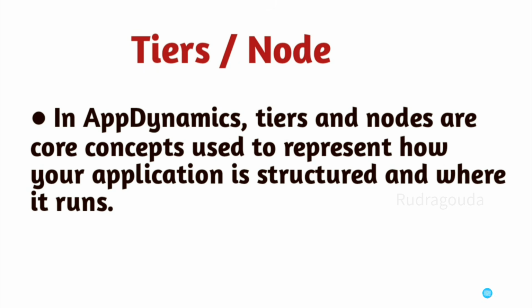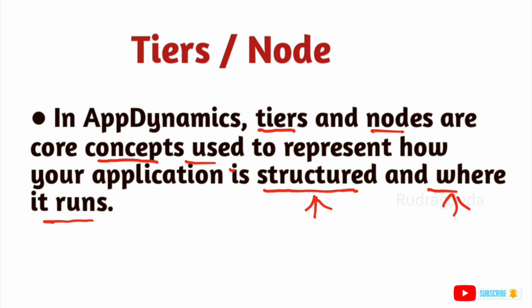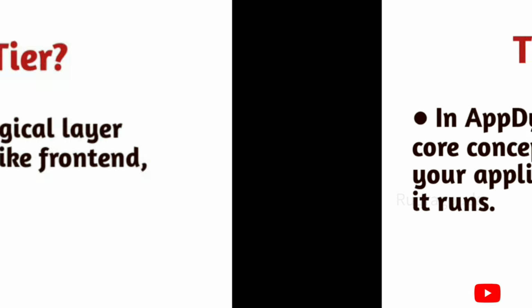So what do these mean? In AppDynamics, tiers and nodes are a core concept used to represent how your application is structured and where it runs. These two words are very important: where it is structured and where it is running. Based on that, we define the tiers and nodes.